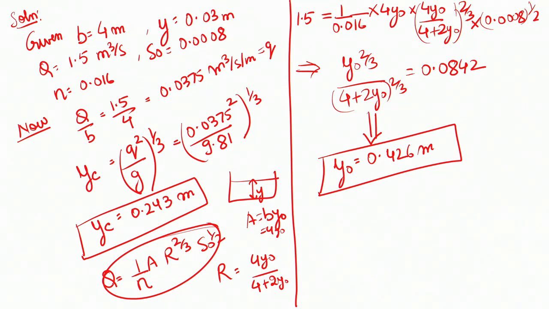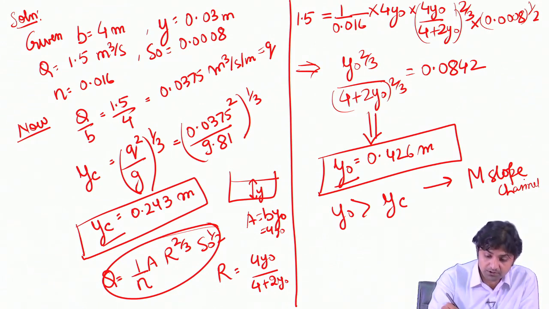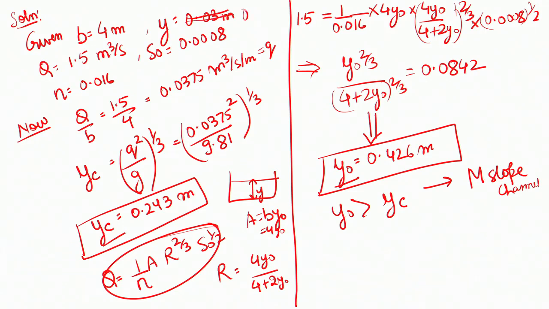So, okay. Concentrating, Yc is 0.243 and Y naught is 0.426. So, first of all, since normal depth is greater than Yc, this is going to be an M slope channel. Now, the water depth is actually, yes, not 0.03 which I wrote, it was 0.3 meter here, all right.